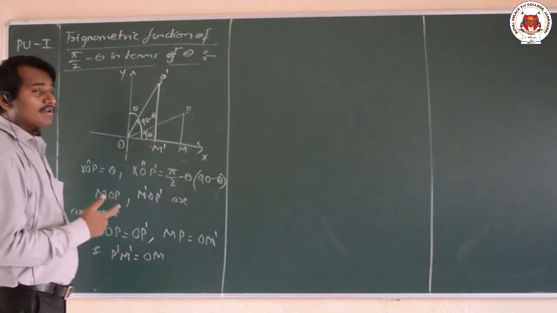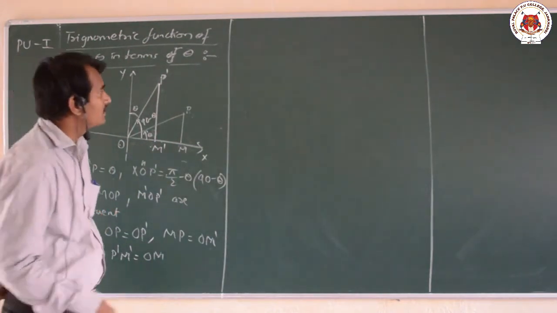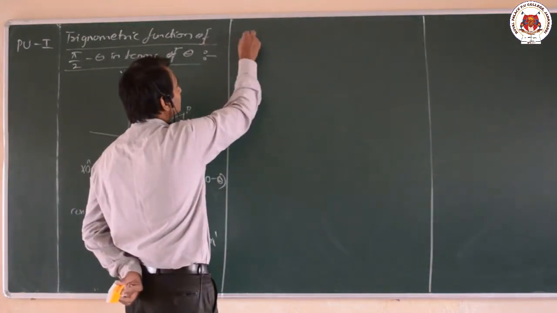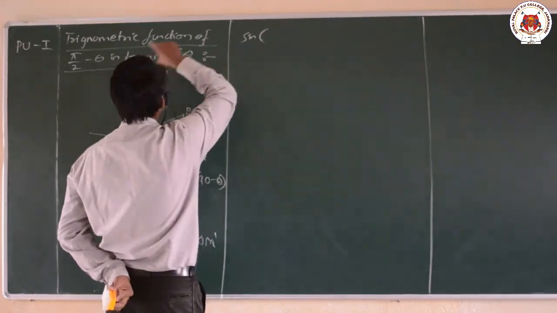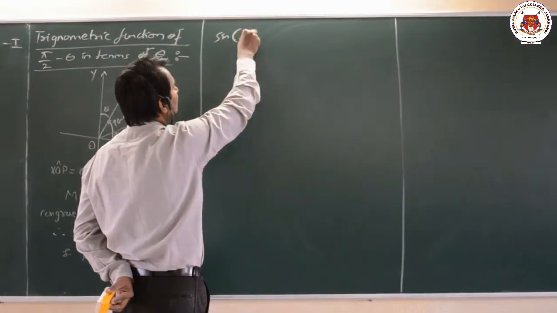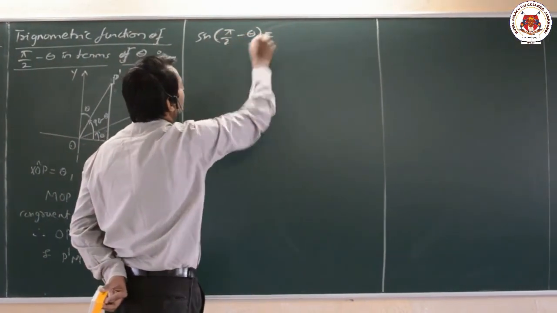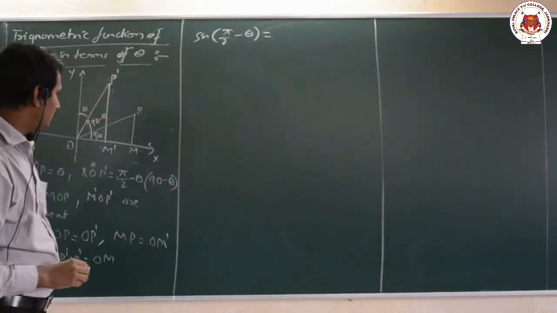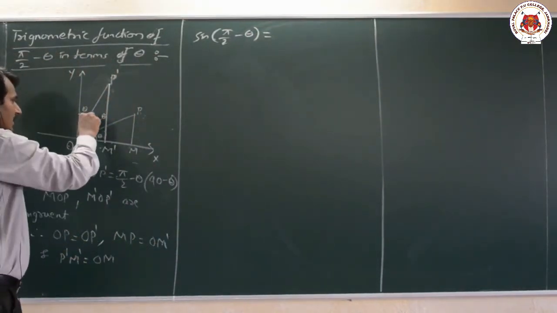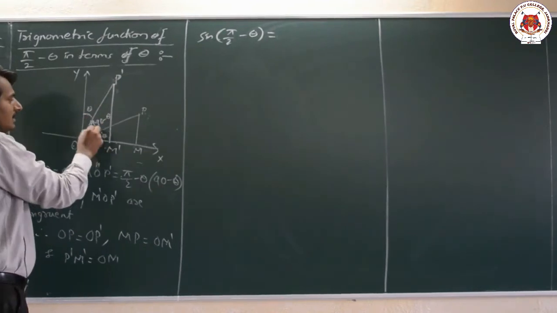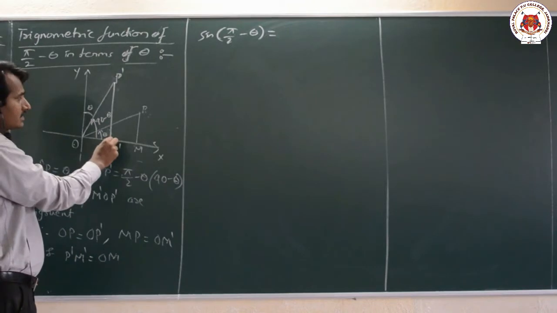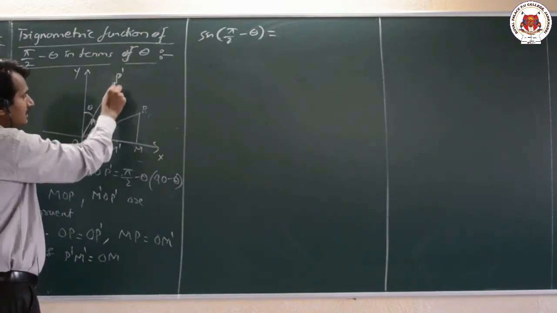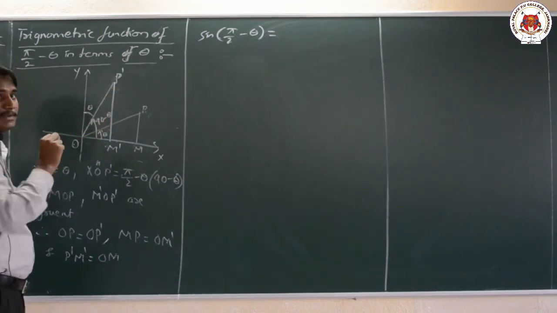Now let us look at what we actually require. Here we require the trigonometric functions of pi by 2 minus theta in terms of theta, that is, sine of pi by 2 minus theta. This is our angle pi by 2 minus theta. Here is the base, or adjacent, this is the opposite side, and this is our hypotenuse.